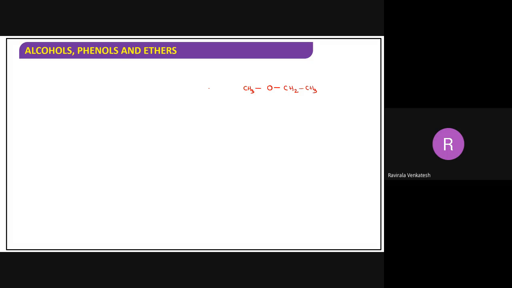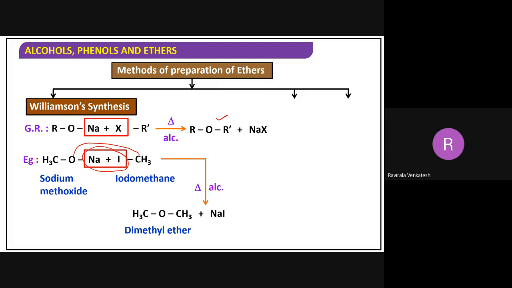Now, how do you get this? In this case, two things we have to mention here. I told you in the last slide what you have taken here. One is alkoxide, the other is alkyl halide.